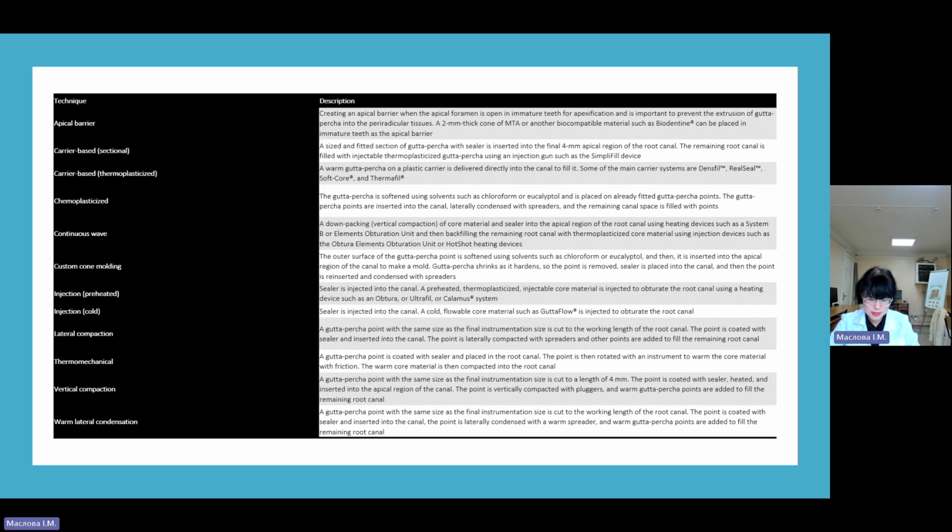Since placement was easy, the silver point technique could sometimes lead to less care being taken during root canal preparation. Silver points could also corrode when exposed to tissue fluid or saliva, and their round cross-section led to obturation with excessive sealer.